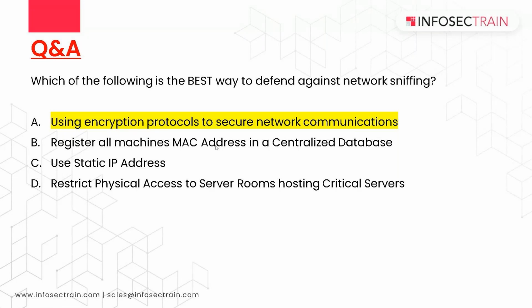So anyone who holds that particular data after the interception won't be able to understand it unless and until they have the decryption key. Okay, so over here option A is the correct one.